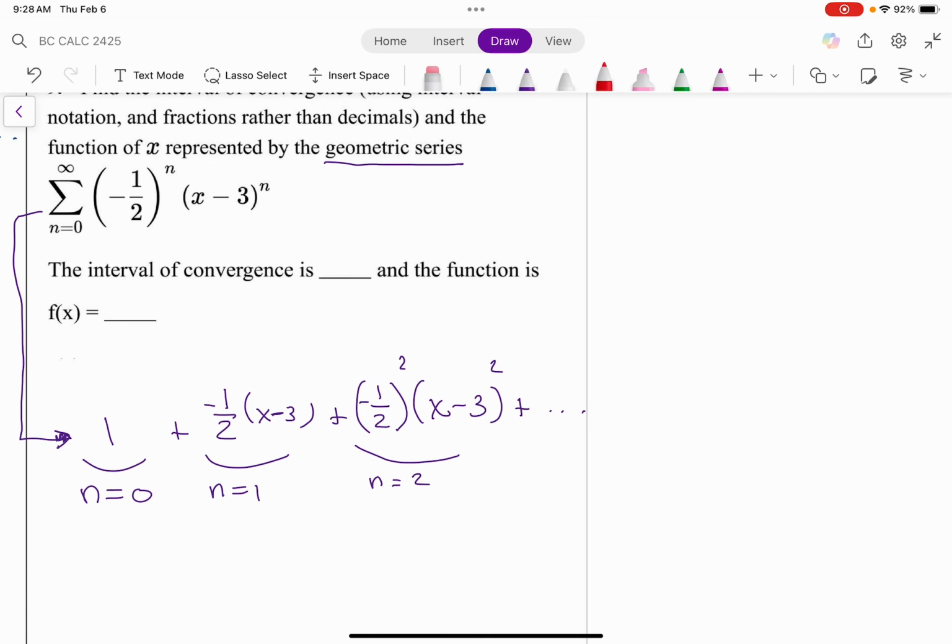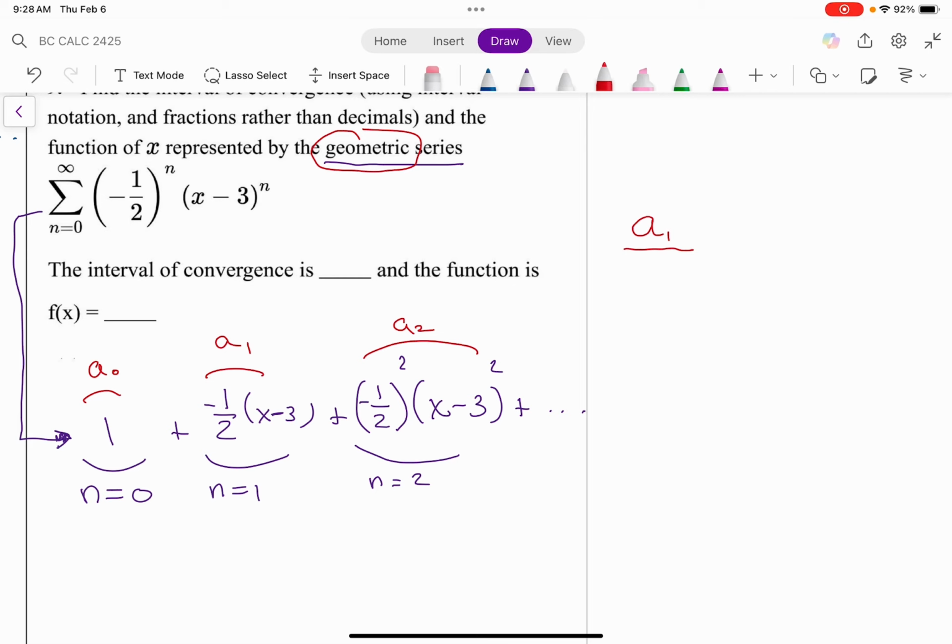So it is a geometric series, which means there's a common ratio. I call this my 0th term, this is my first term, my second term. If you want the common ratio, no matter what you're looking at in a geometric series, you can always take any term and divide it by the one before it.